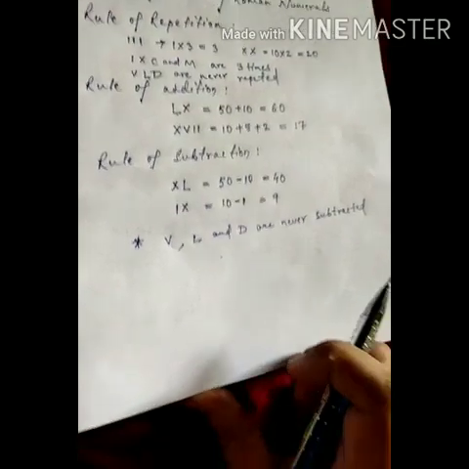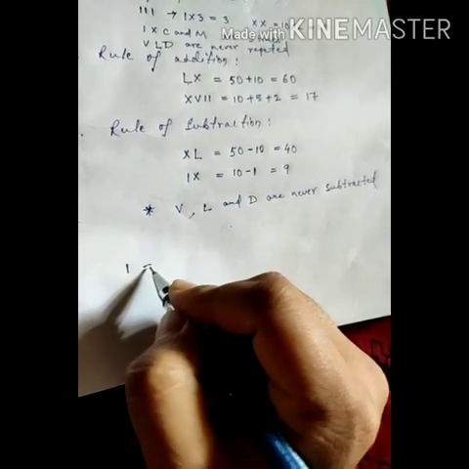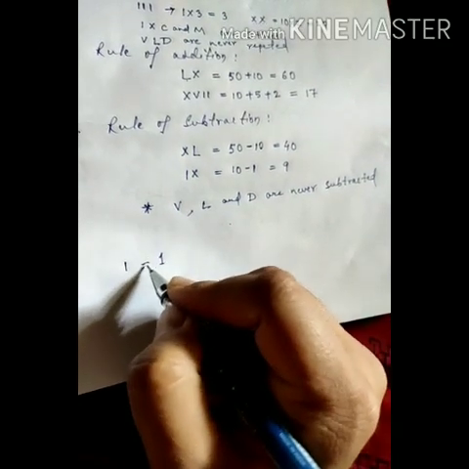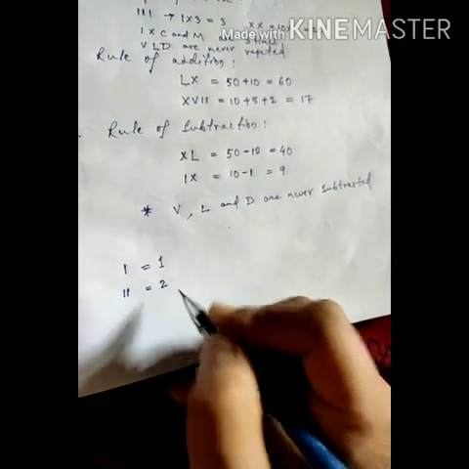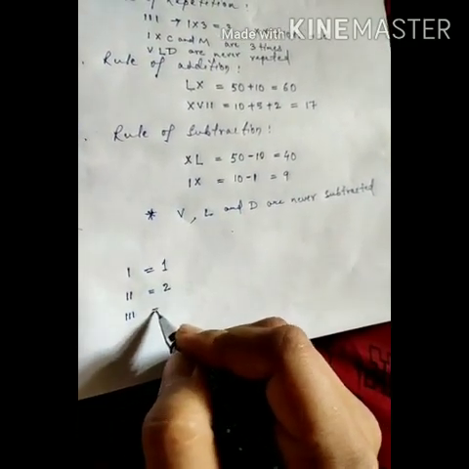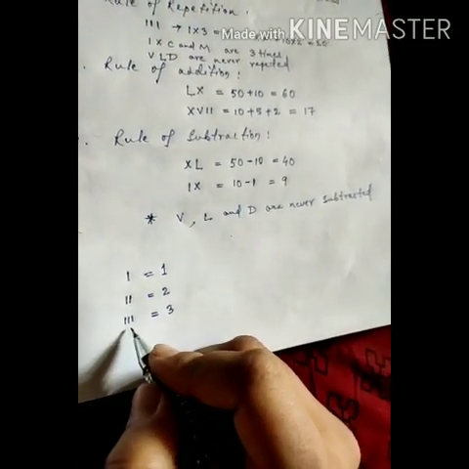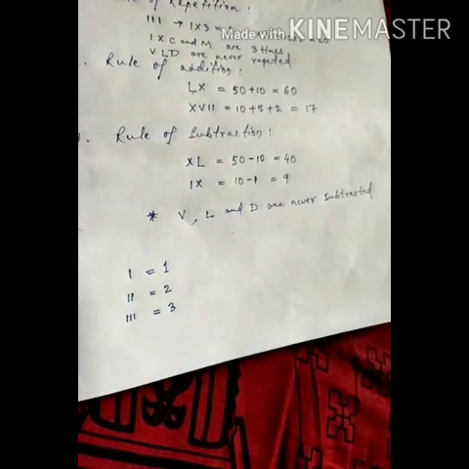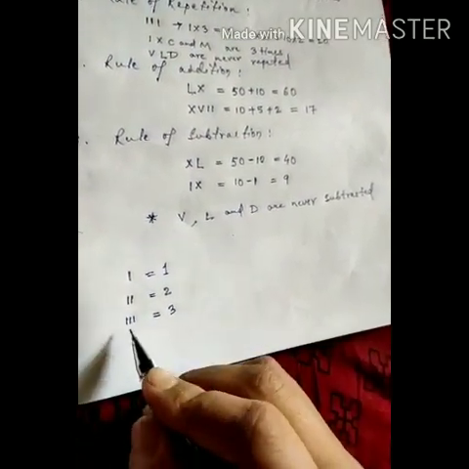Now let us take an example. If I write I, this means 1. If I write II, this means 2. III equals 3. Now I cannot write I 4 times because the maximum number of times I can repeat an alphabet is 3.